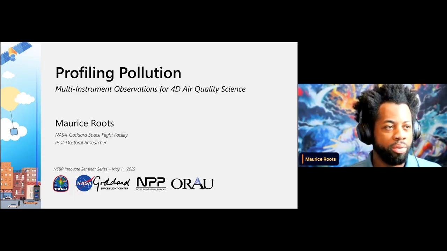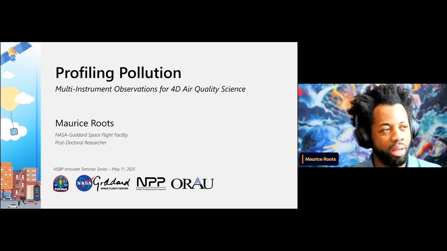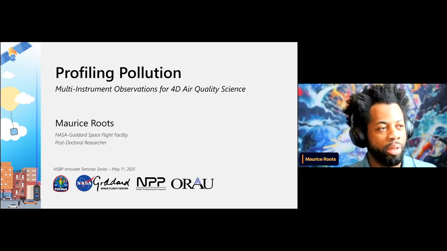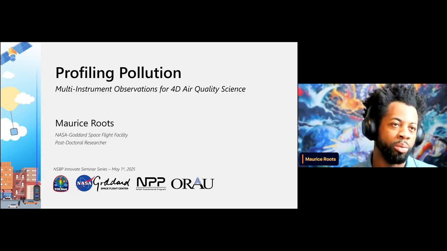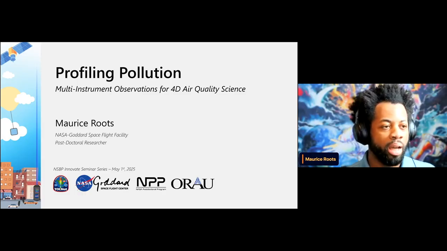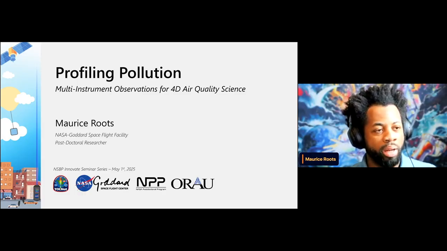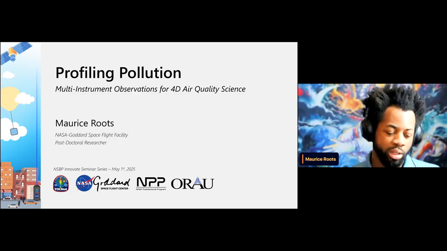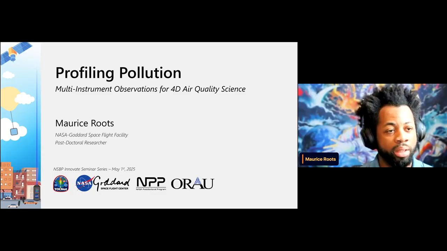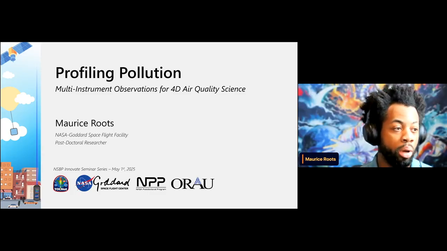But you can get a sense of that from what's on the left side, which is a picture of a lidar on the bottom in an urban environment, a balloon floating through the air, and then a satellite looking down. What I'm going to try to highlight is the importance of having these multiple perspectives, these multiple instrument observations, to really understand how things are changing in space and time, for something as complicated as air quality or pollution transport.